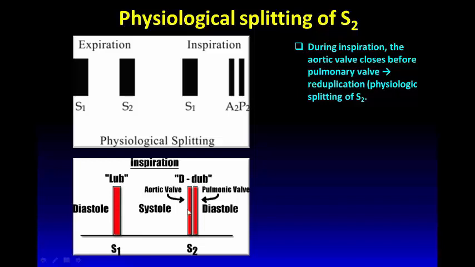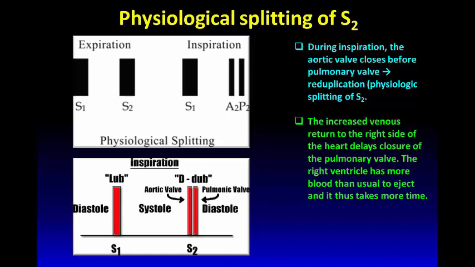This is the aortic component of the second heart sound, and dub, this is the pulmonary component of the second heart sound. The hemodynamic basis of this normal physiological splitting of the second heart sound is because during inspiration there is increased venous return to the right side of the heart.